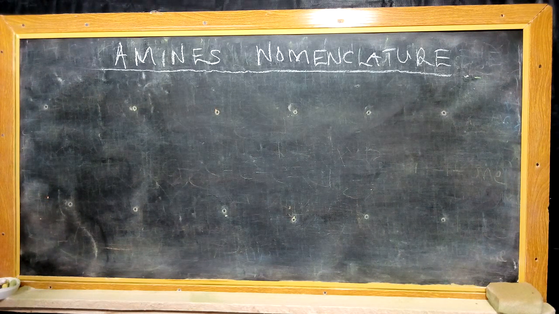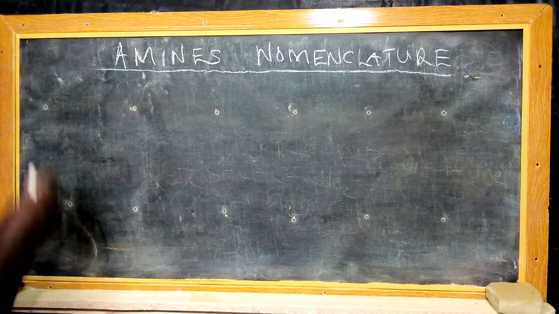So for amines, we shall try to see which particular rules apply in this case, and how different rules can be applied as far as the naming is concerned. So we shall start with amines.